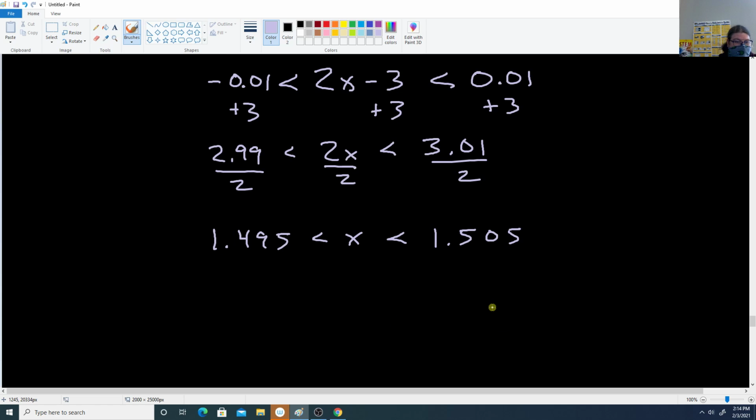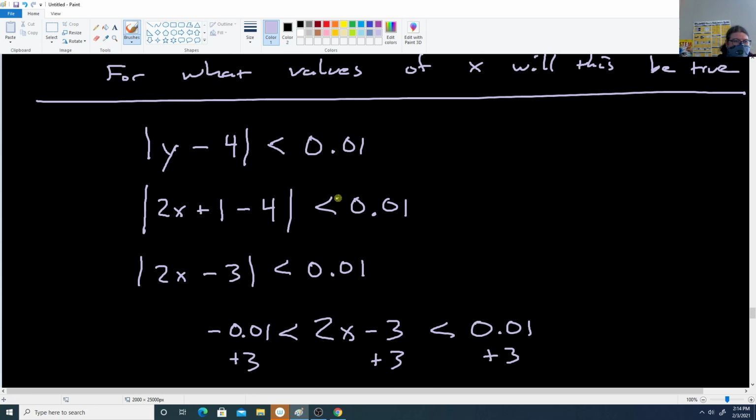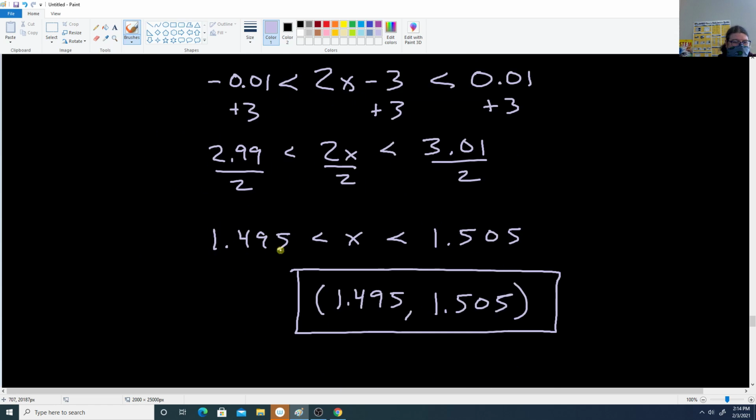So if your x's are within the interval 1.495 up to 1.505, x's in this region will keep y's within the 0.01. Okay, so that wraps up section 1.8.